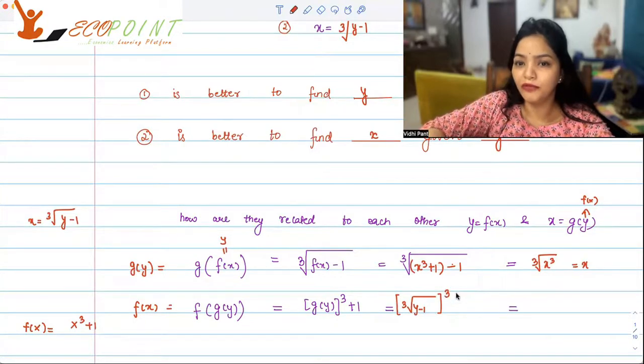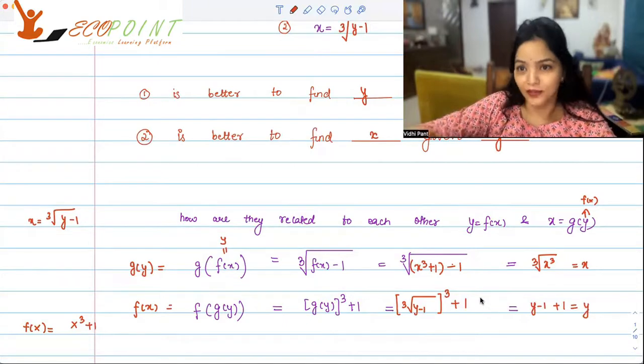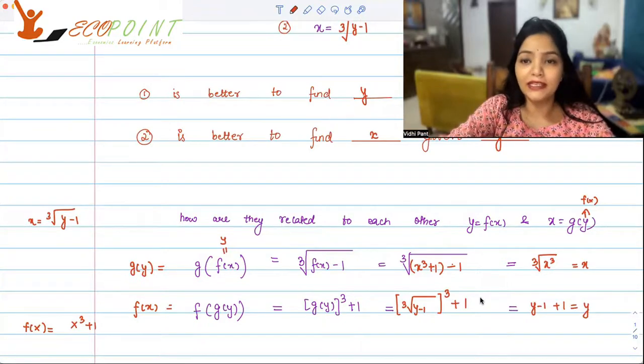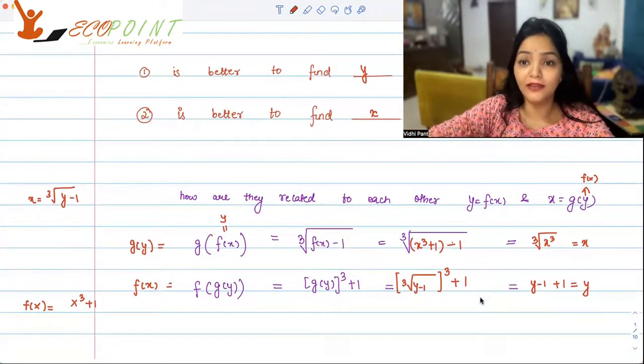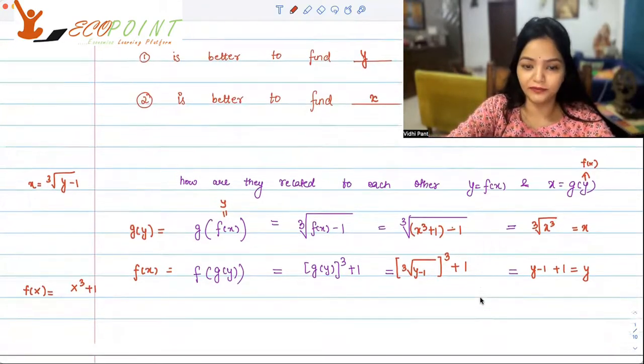Now the whole cube of that plus 1 means the cube root and cube cancel, so y minus 1 comes out, plus 1 gives you y. So f(x) is equal to y, and g(y) is equal to x. This is a scenario where you have an inversion happening. Yes, these are inverses of each other.